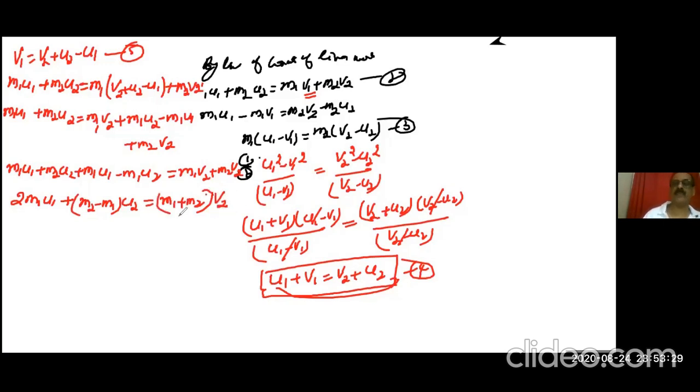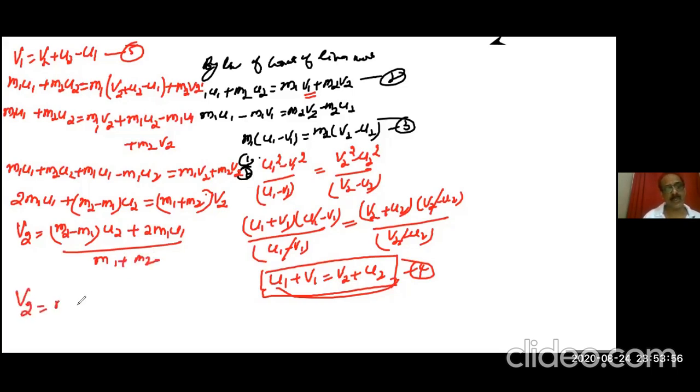We need V2, the velocity after collision. Then V2 is equal to M2 minus M1 into U2 plus 2 M1 U1, divided by M1 plus M2, because this is common to both.